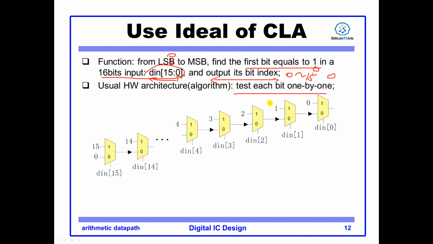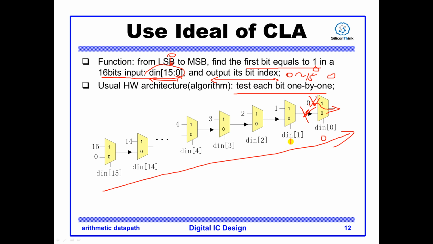The simple and obvious method is to test the input bits one by one using muxes. For example, if D is 1, you will choose this path, this path is cut off, and the 1 will be the output. If this is 0 and this is 1, this path will be cut off, and this path will be on, connected to the output.